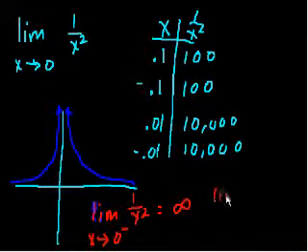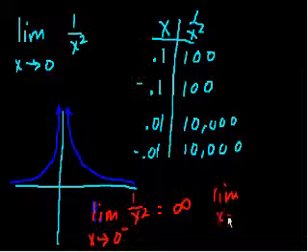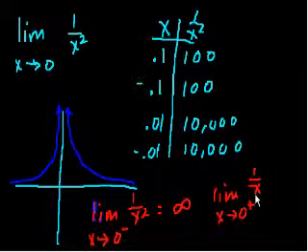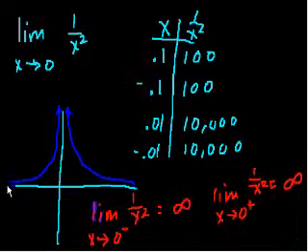And the limit as x approaches 0 from the positive side of 1 over x squared is also equal to infinity. So when you go from the left-hand side, it goes to infinity as you approach 0. And as you go from the right-hand side, it also goes to infinity.